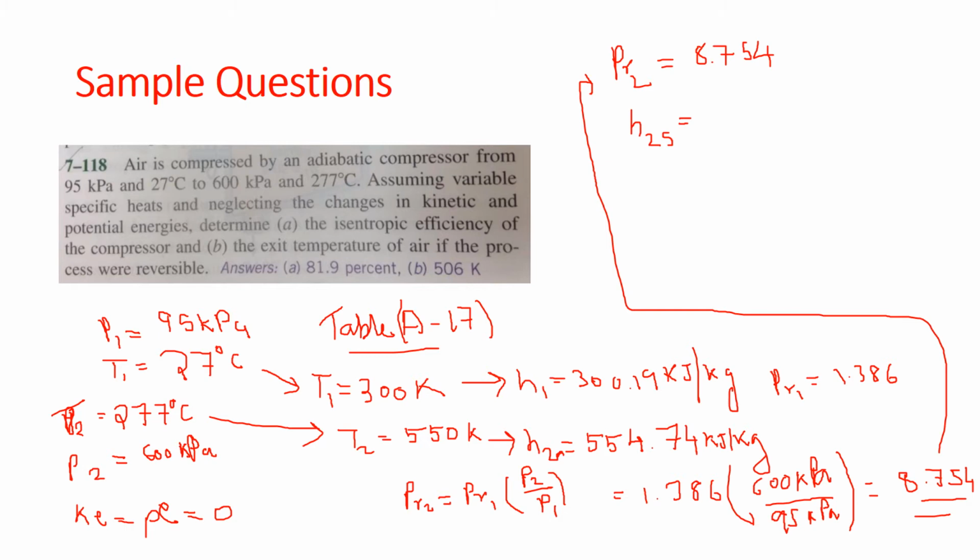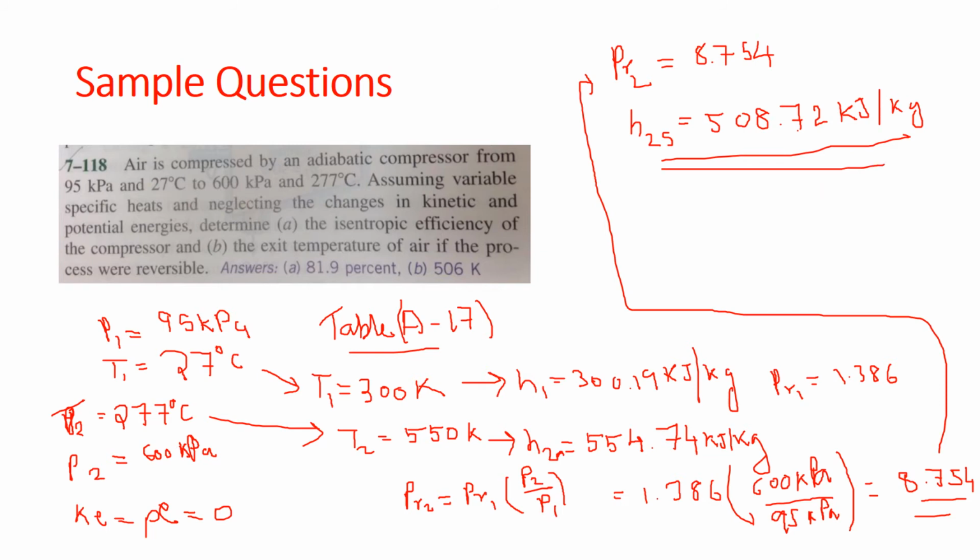That is around 508.7. All these values I have taken from the property table. I hope you know how to do interpolation as well as how to read the values from the property table. Since we already covered this in Thermo 1, I am not explaining it here. If you have any questions, we may discuss this in detail in the live session. So we have found h2s right now.